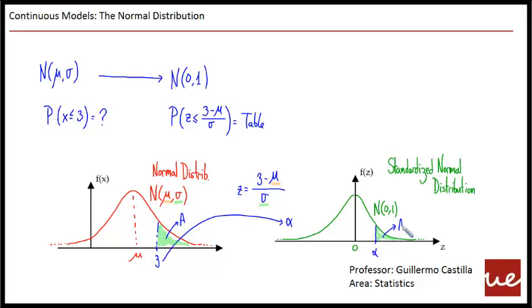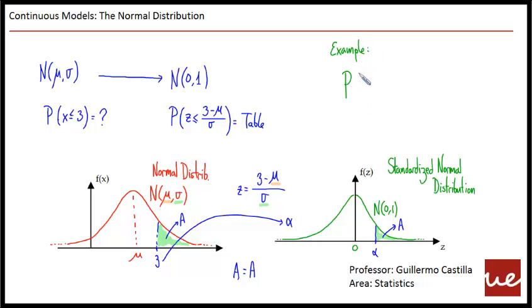Because that probability, the area below the curve in both, is going to be exactly the same as long as z is equal to (3 minus mu) divided by sigma. When I say 3, of course, it's any value of x we want.